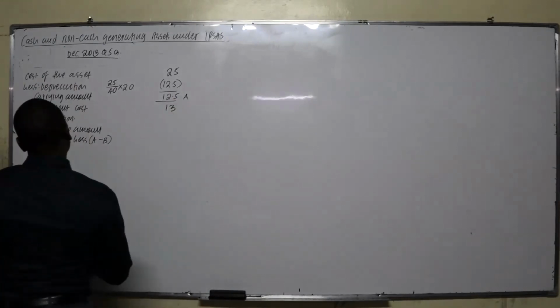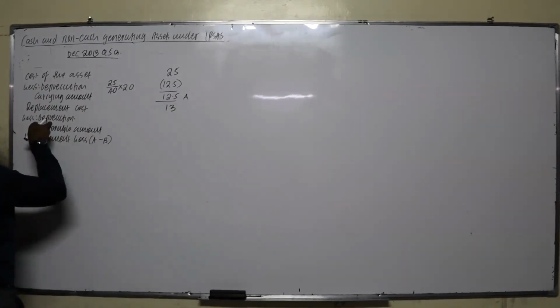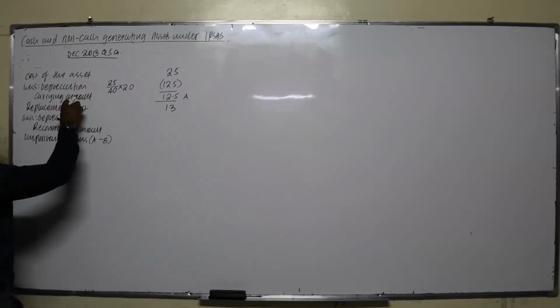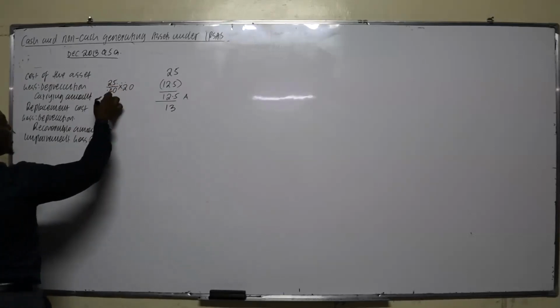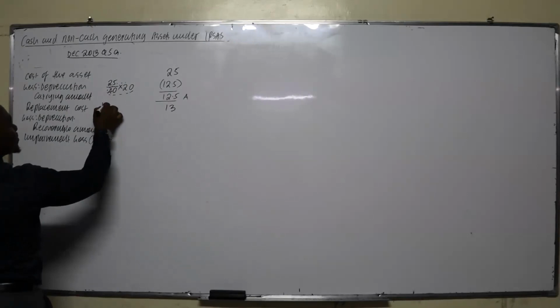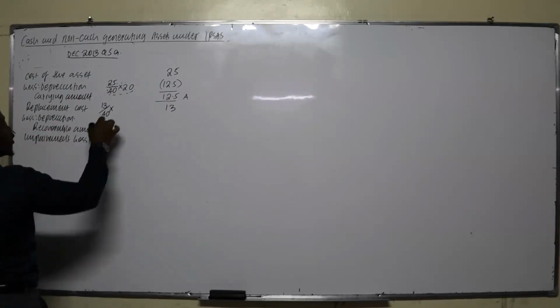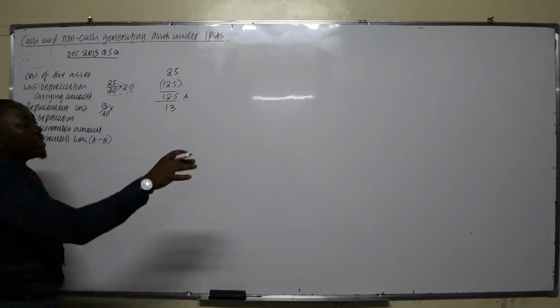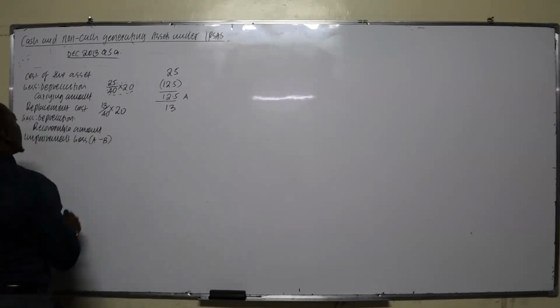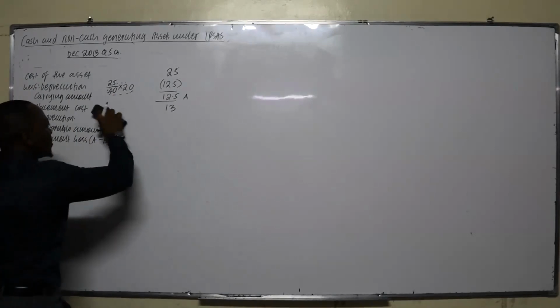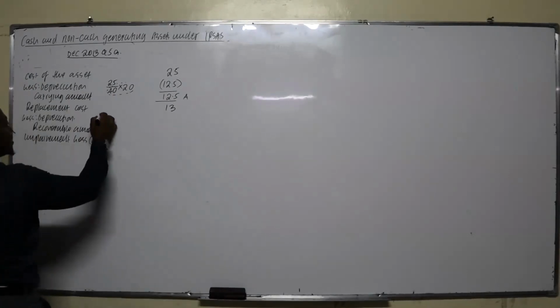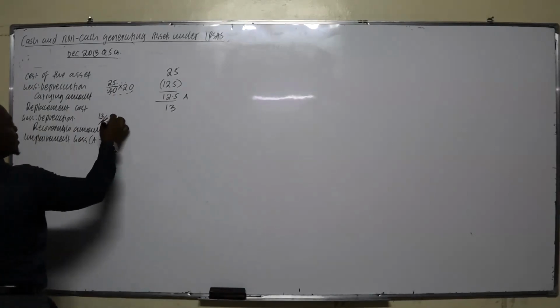Now, listen here. When determining the depreciated cost, we assume the same terms here. 13, we assume the same economic life of 40, then we assume we are assessing after 20 years. So it's 13 over 40 times 20.